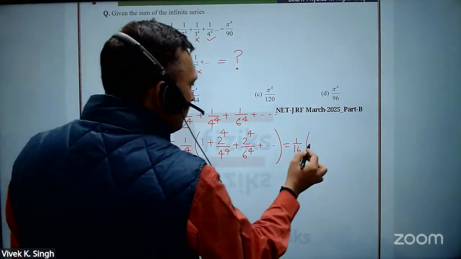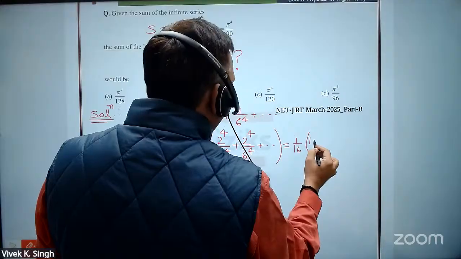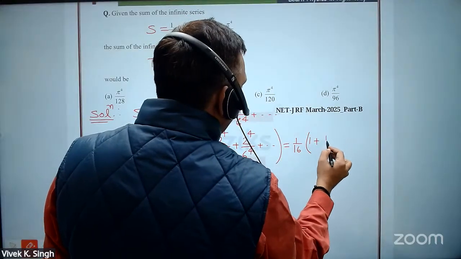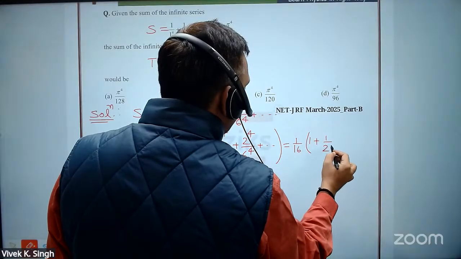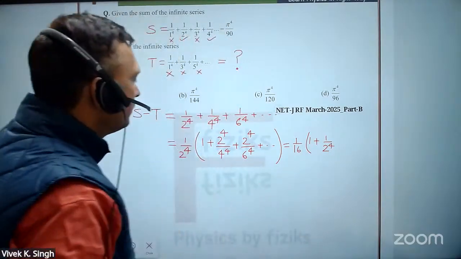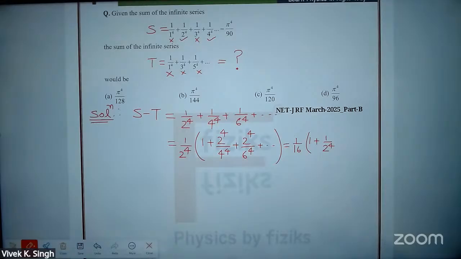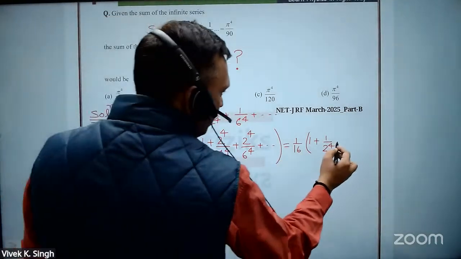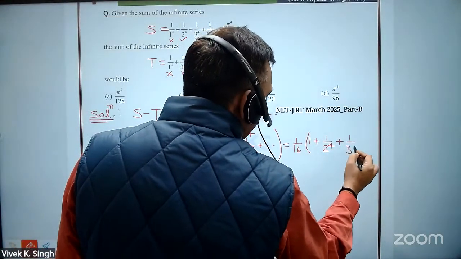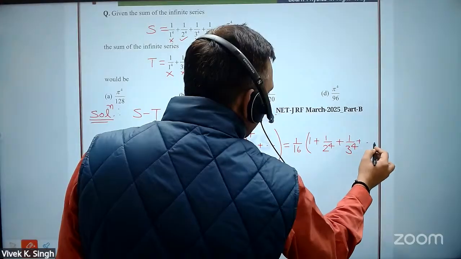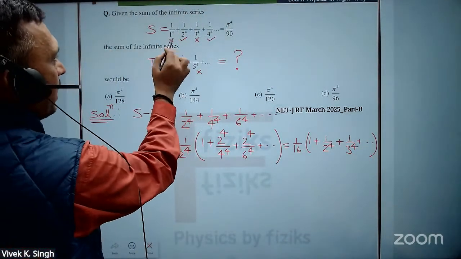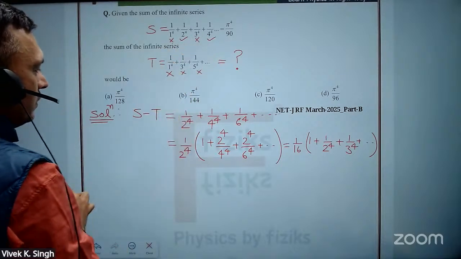So this again becomes 1 plus 1 by 2 power 4. 2 power 8 will give you 2 power 4, and this will give you 2 into 3. So this will give you 1 plus 3 power 4 plus and so on. Yes or no? And this value is S. So again you are getting the same value.